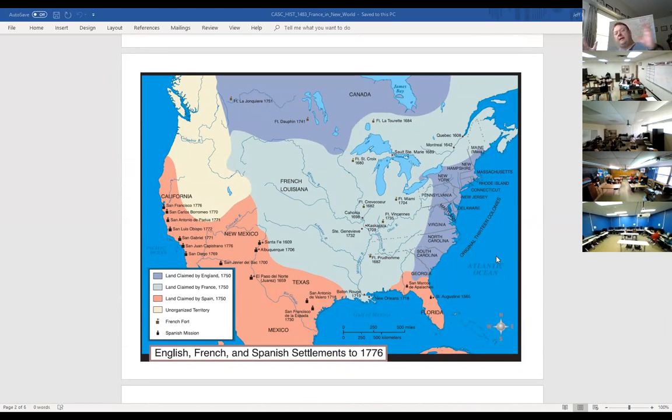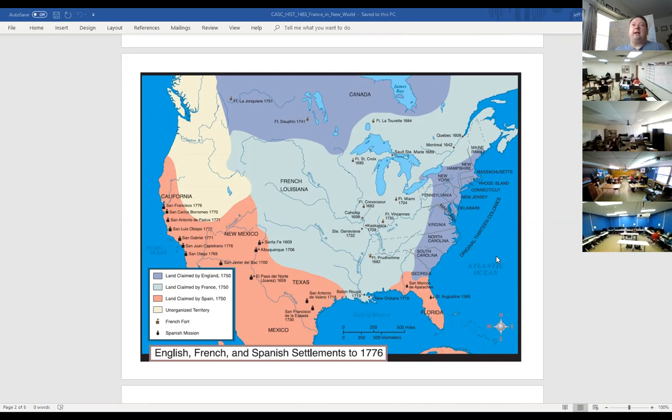And England and France are vying for territories in other places like India. And England is really not worried about the colonists.